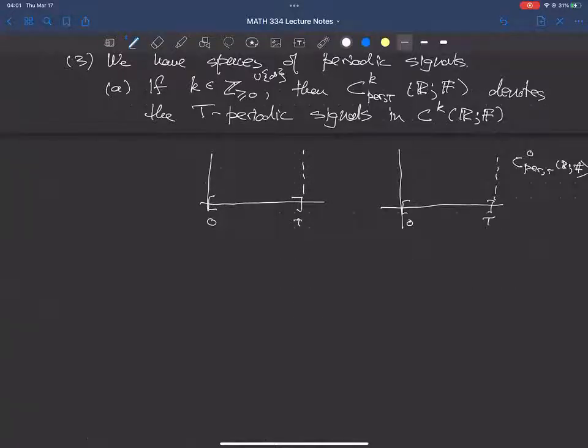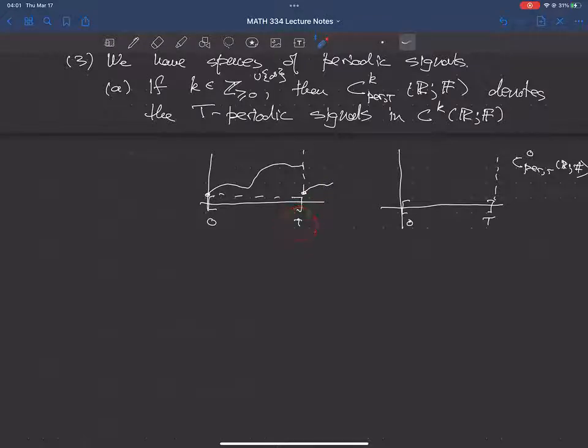And so this signal is not going to be in C0 per, and the reason is because it's periodic, the value there gets picked up here, and you go along like so, and so you're not periodic at the endpoints here.